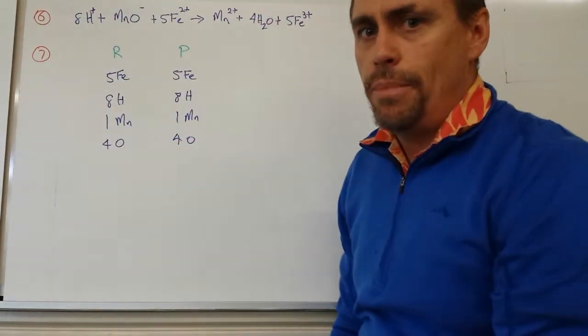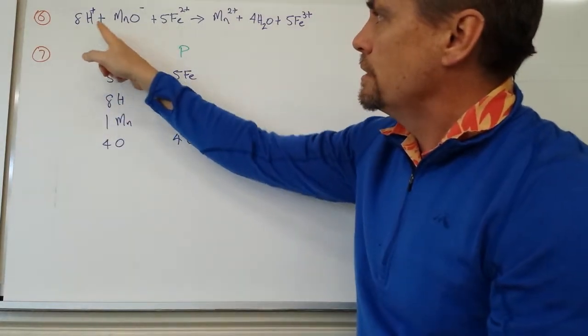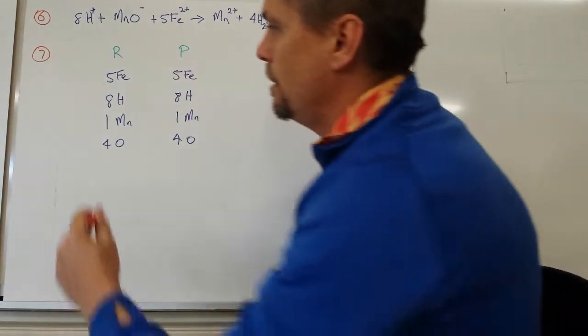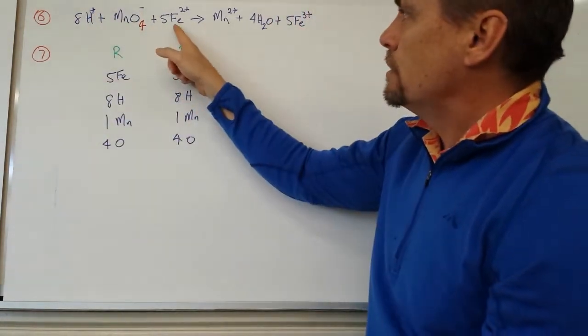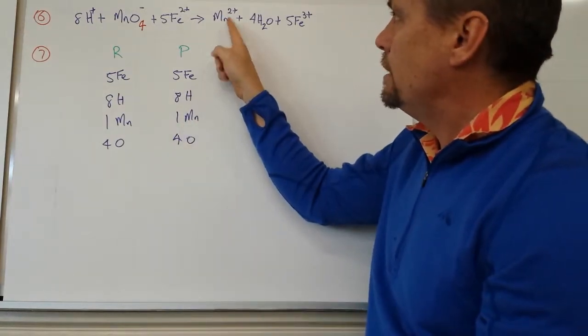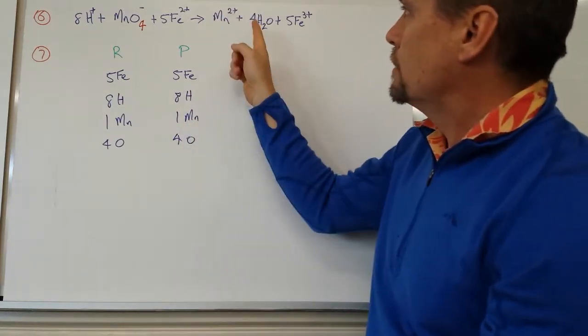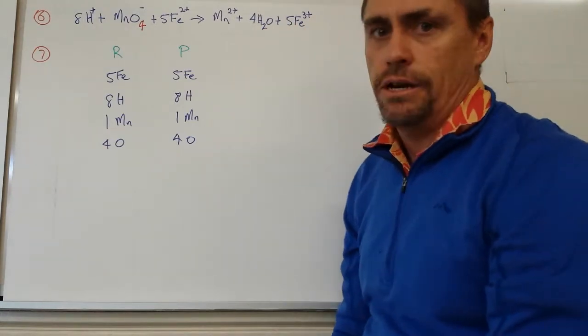So if we look at our balanced reaction now, we've got 8 lots of hydrogen ions plus our permanganate ion plus 5 lots of iron 2+ ions gives us 1 lot of manganese 2+ ions plus 4 lots of water plus 5 lots of iron 3+ ions.